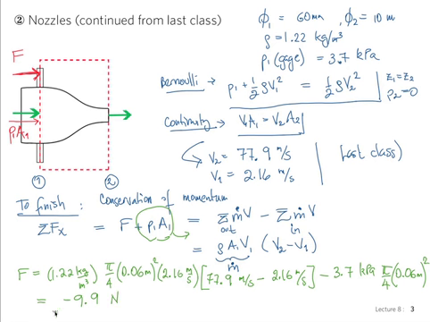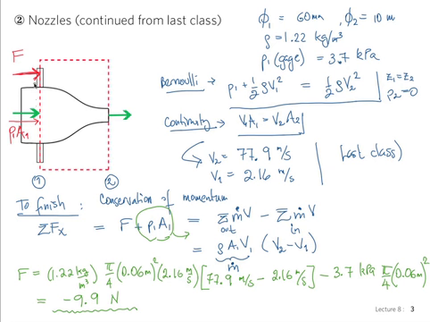The minus sign tells us that we've simply drawn the arrow pointing in the wrong direction in the first place. So that's all it means, right? The negative sign indicates that the force points in the opposite direction than what we drew in the sketch. That is the force on the control volume. So the force on the control volume goes in the minus x direction. Therefore, the force on the flanges goes in the opposite direction.